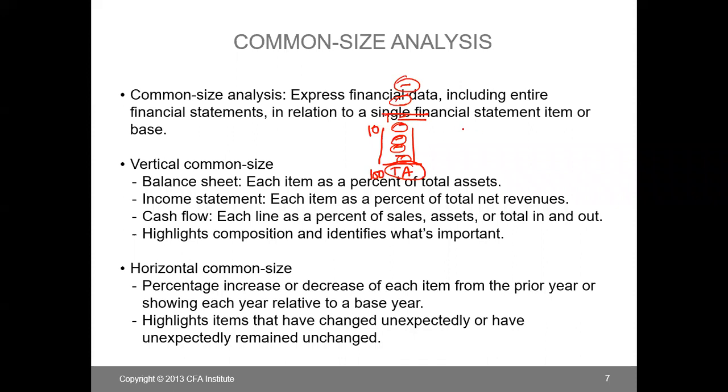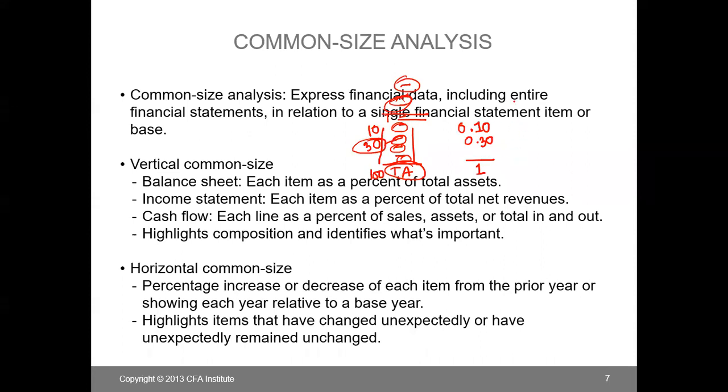So in that case, I will write 0.10, and here total asset is equal to 1. Say inventory is 30. I will write here 0.3. What I am doing, I am expressing these items of the balance sheet in terms of the base, which is the total asset here. So that's why it is possible.